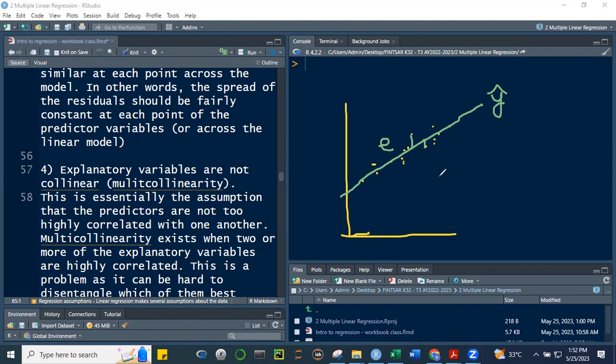Okay. Now, let me ask you, class, if I add, some of the errors will be positive because our observed value is larger than the predicted value. Some of the errors will be negative, when the point is below the regression line. That means our predicted value is higher than our actual.